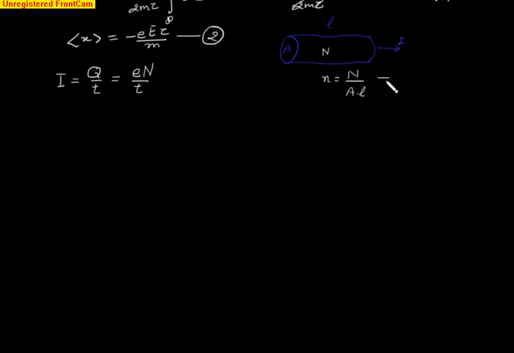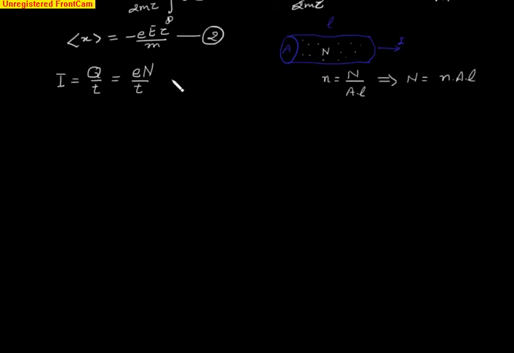So if small n is known, the total number of free electrons in this metal piece will be equal to n times A times L.